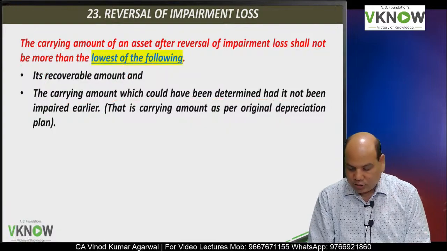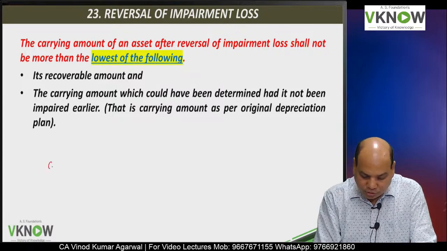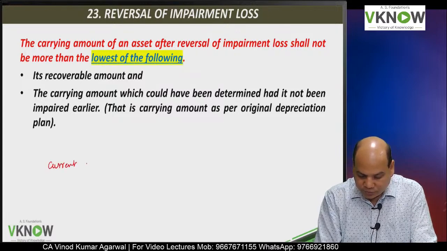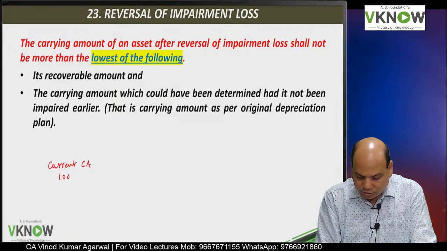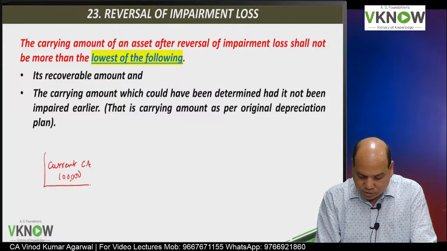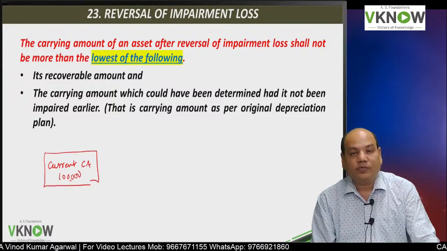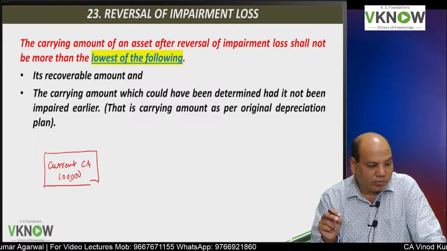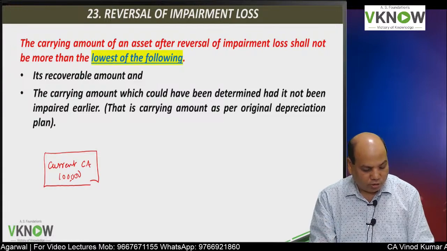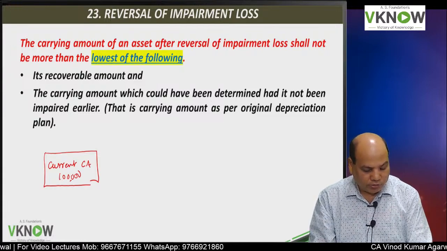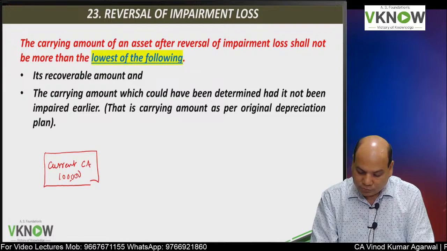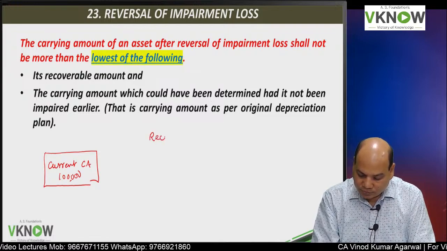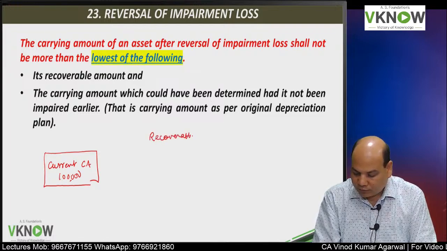Okay, so let us understand. Your current carrying amount is 1 lakh rupees. On the date you have an indication of reversal of impairment, find out the book value, and you find your book value is today 1 lakh. Calculate two things. Calculate recoverable amount.